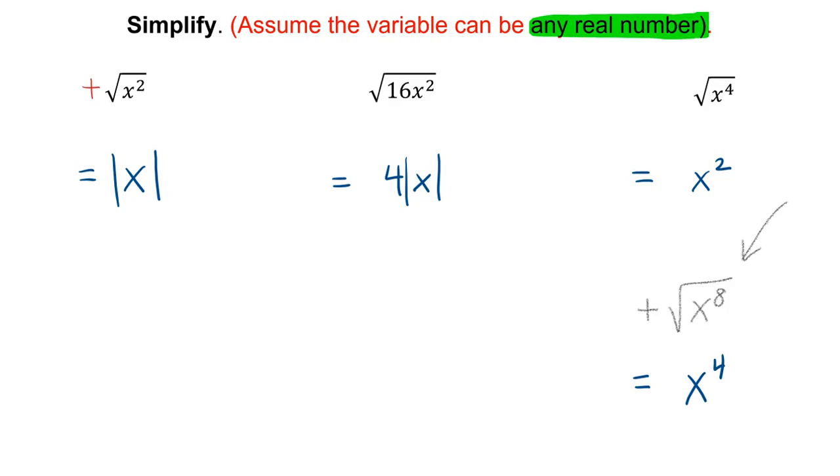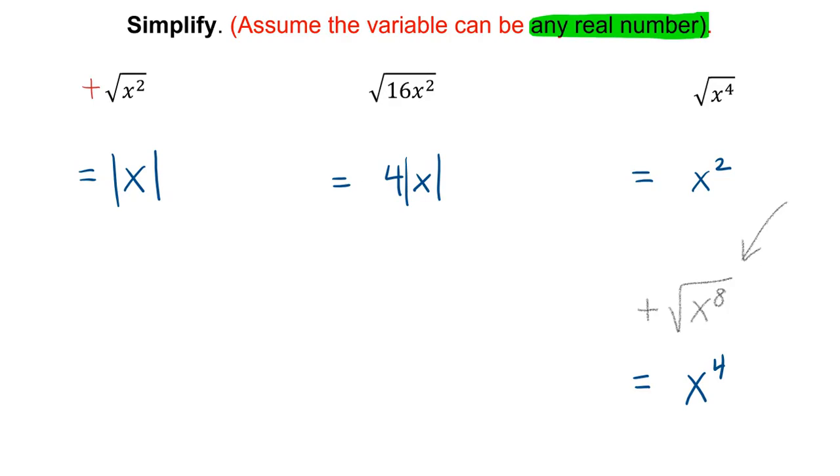If the variable x is a negative number, raising it to the fourth power would be a negative times a negative times a negative times a negative, which is a positive value. If the variable x is a positive value, raising it to the fourth would be a positive times a positive times a positive times a positive, which makes it positive again.